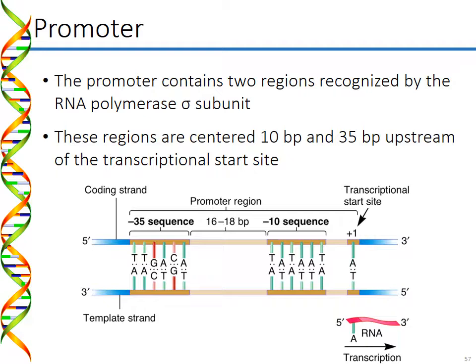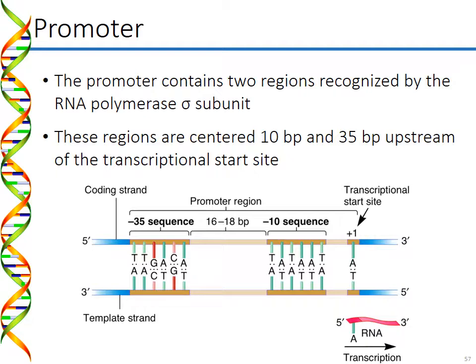So you see in the diagram the AT that is labeled +1. That is the number nomenclature that's used to indicate that that is the first nucleotide that will be transcribed. Obviously the one after that would be +2, the one after that +3, and so on.